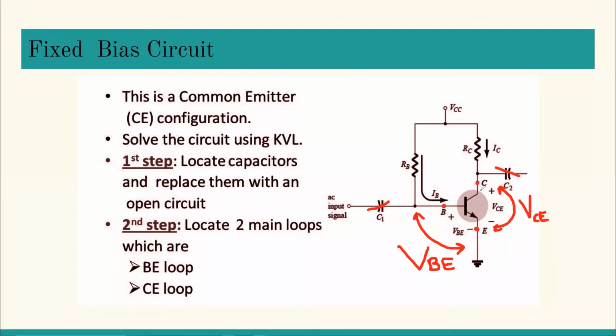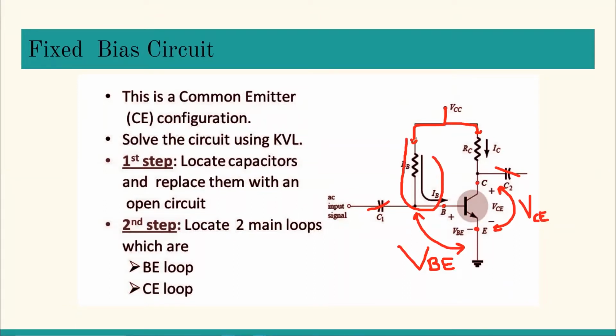So we need some equation which is going to connect all this, and for that we need to apply KVL in certain loops. Current goes here also, so there are two loops.